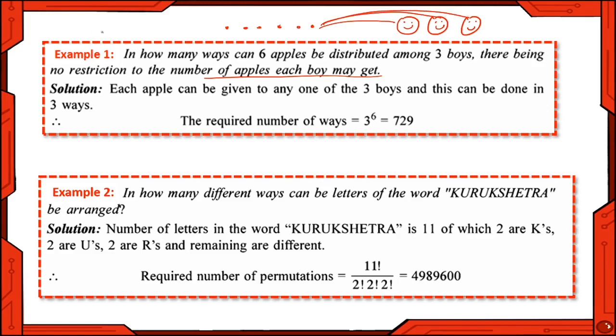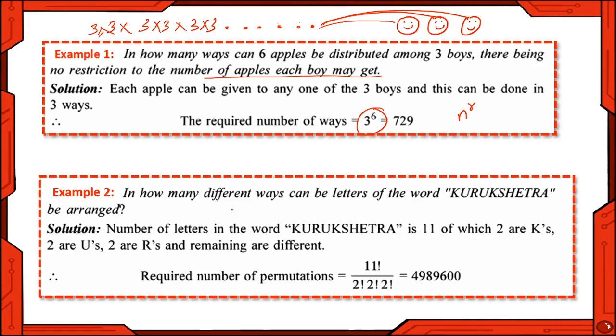So how many choices do we have? 3. Same 3 choices we have with the second apple, then with the third, fourth, fifth, and sixth. So every time we have 3 into 3 into 3 into 3 into 3 into 3, 6 times. So we can say 3 raised to the power 6. That's what we discussed on the last slide, n raised to the power r.